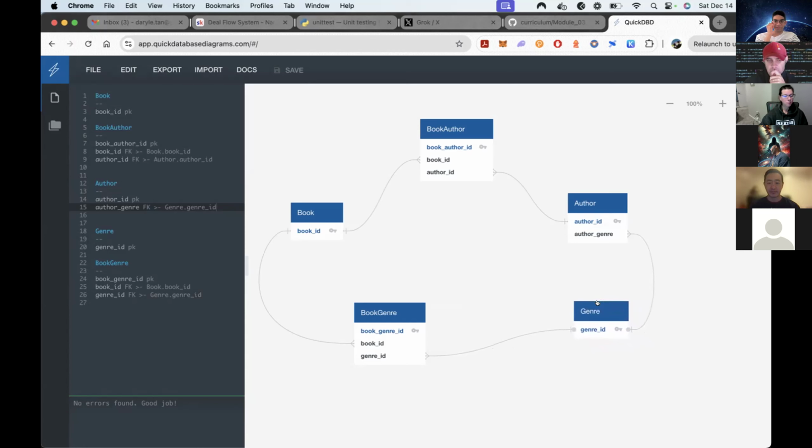I'm trying to think of a query that we could apply to this. Here's one. Let's say we wanted to figure out all of the genres of all of the books published by an individual author.